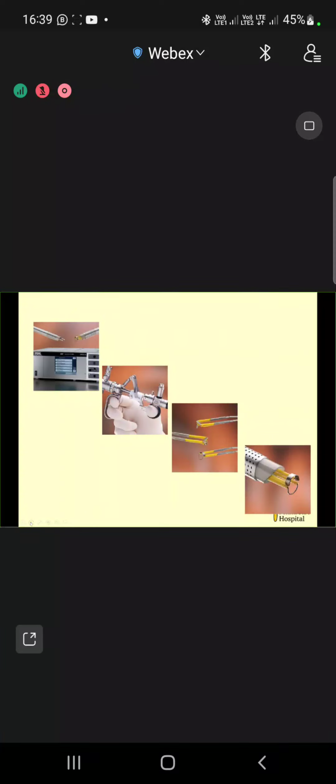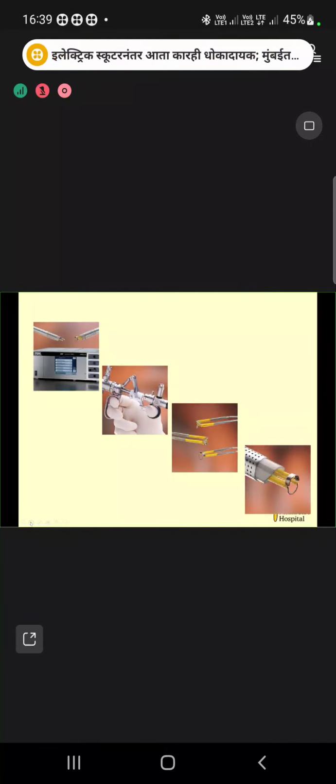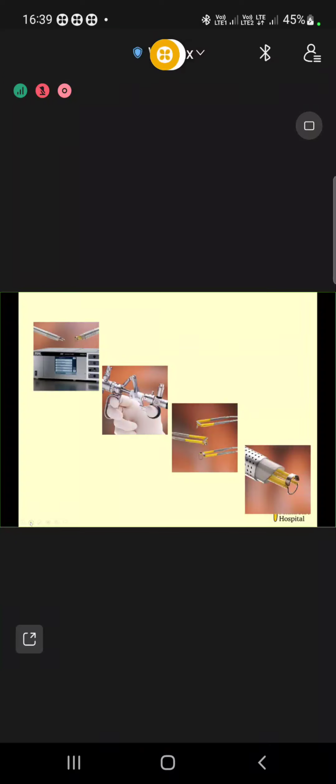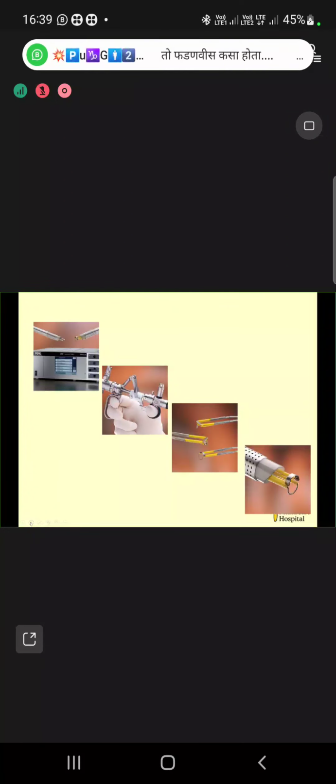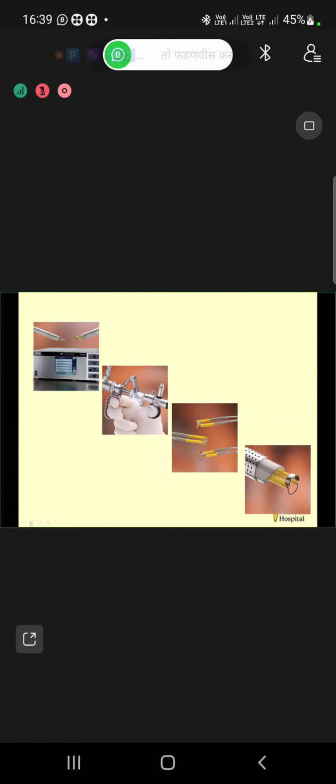Last time, some of the doctors were asking me to tell more details of transcervical resection of endometrium. To perform a transcervical resection of endometrium, first, as I always tell, to manage anything, you should start with proper history taking, a detailed clinical examination, relevant investigations, then your procedure should be planned.